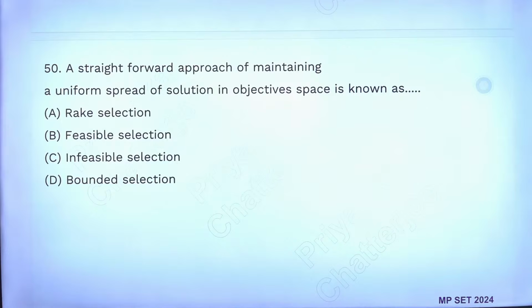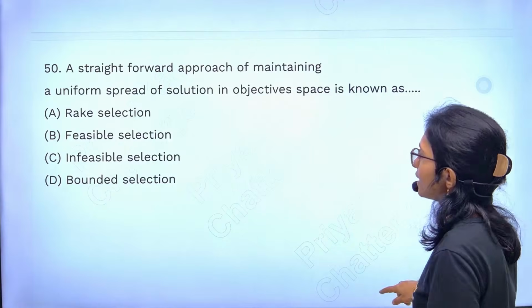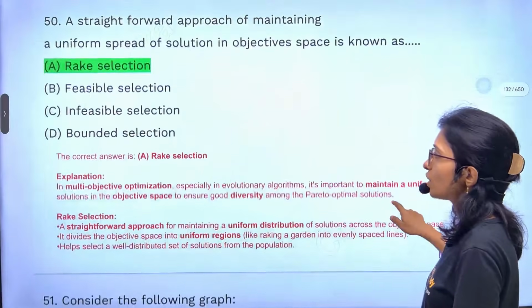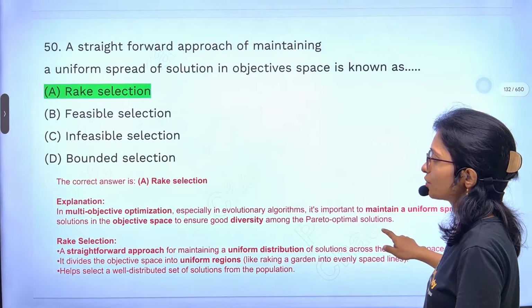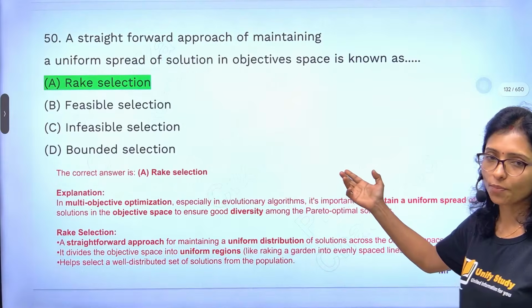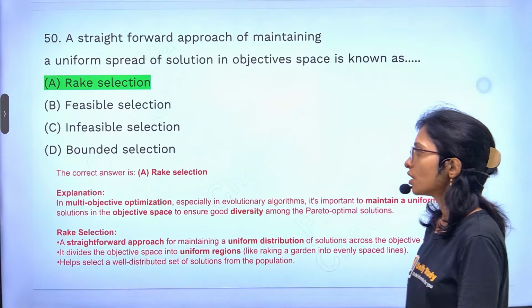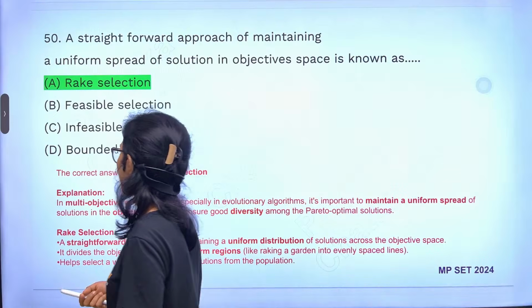a straightforward approach of maintaining a uniform spread of solutions in objective space is known as what? Yes, this is known as rake selection. Here also you learn a new topic which is rake selection. What is the meaning of rake selection here?